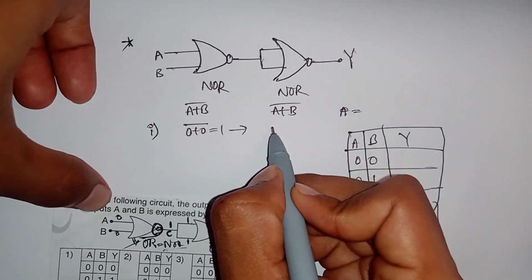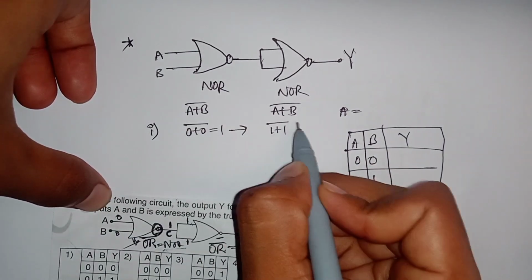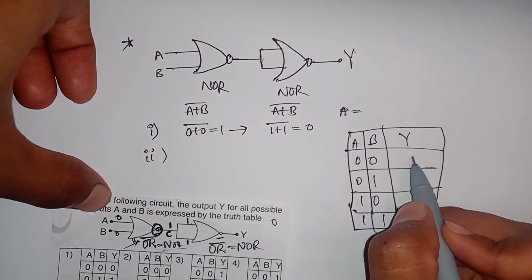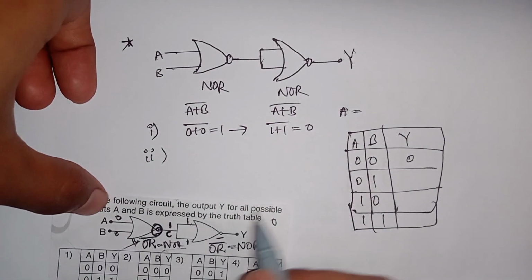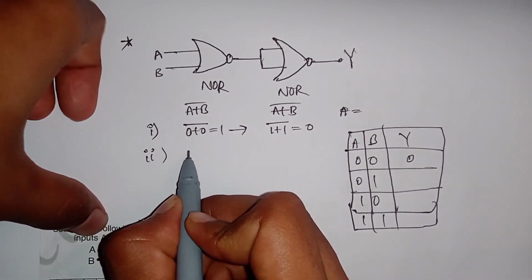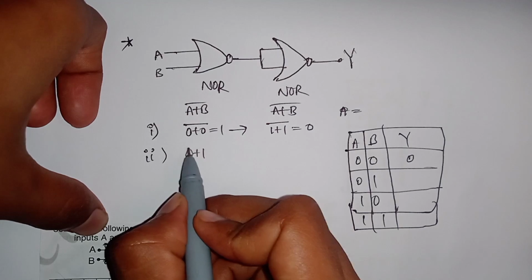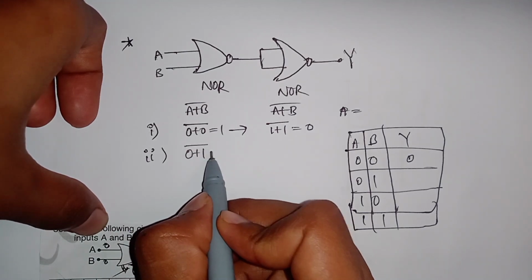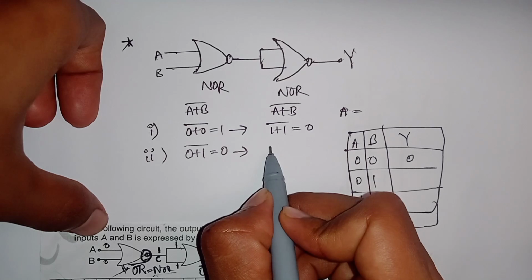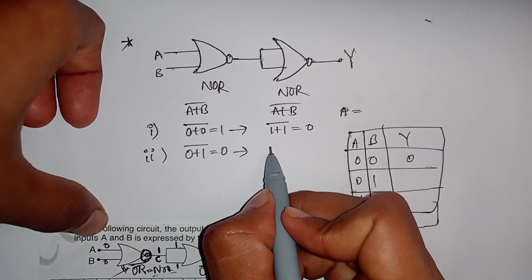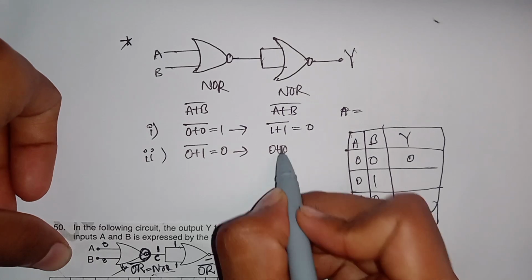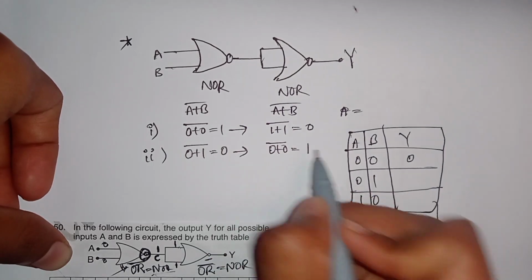For 1 plus 1, that is 1, and the bar will be 0. For the second case, if you take 0 as A and 1 as B, then 0 plus 1 will be 1, the inverse will be 0. Again 0 plus 0 will be 0, inverse will be 1.